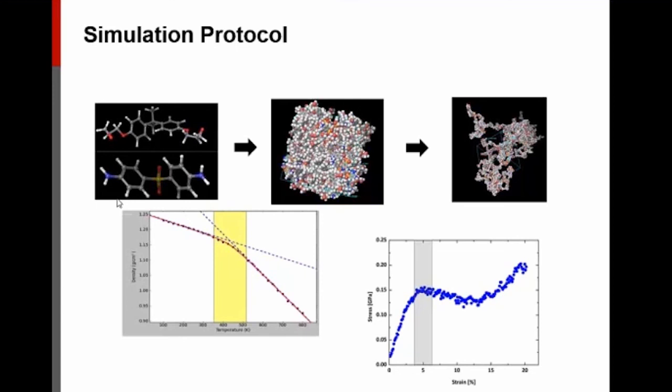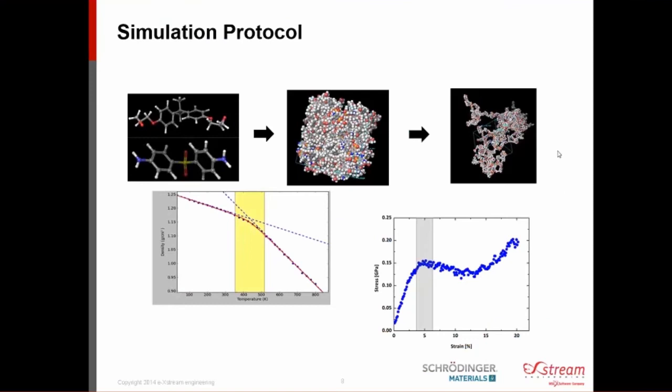With this particular protocol, we can run from higher temperatures, cool it down into lower temperatures, and get a glass transition temperature around the 450 Kelvin region. We can do that projection in different ways depending on the system, and we can look at what's going to be best for the particular polymer, and also look at different methods and come to a conclusion on what the glass transition temperature is.